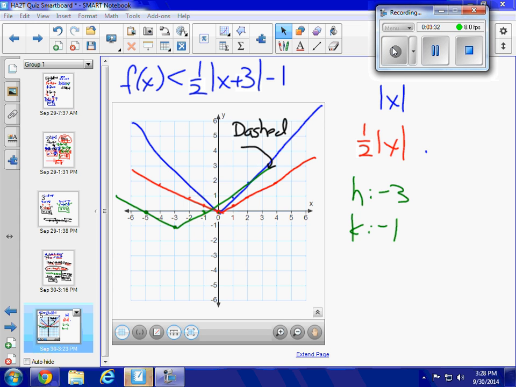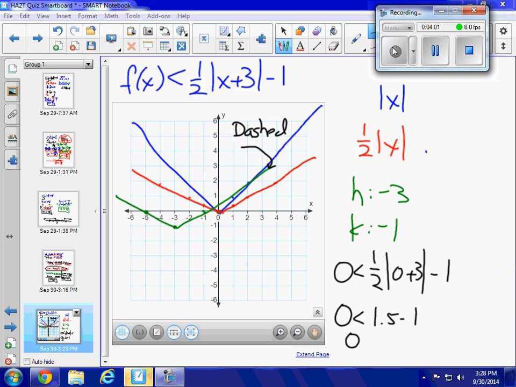So I can see that my boundary does not go through 0, 0, so I'm going to try that as my point. So I'm going to say, is 0 less than 1/2 the absolute value of 0 plus 3 minus 1? Well, that would be 1.5 minus 1.